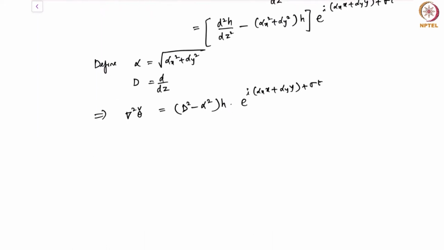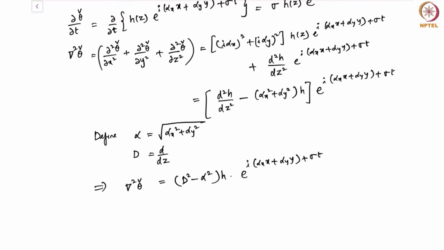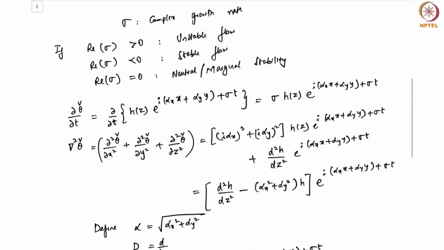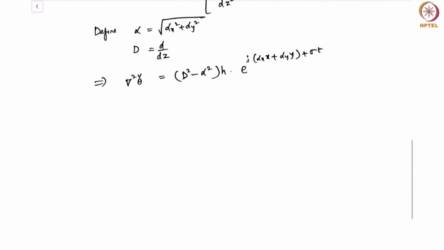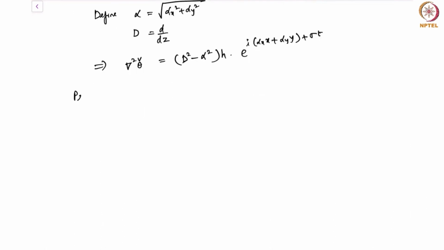So now that we have evaluated del square of theta hat, we have also evaluated the time derivative of theta. We can substitute these into equation 12, and what we now have is Prandtl number times sigma minus D square minus alpha square, this whole thing times h essentially becomes minus w hat on the right hand side, that is minus f.